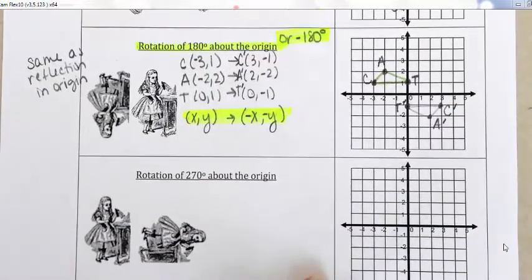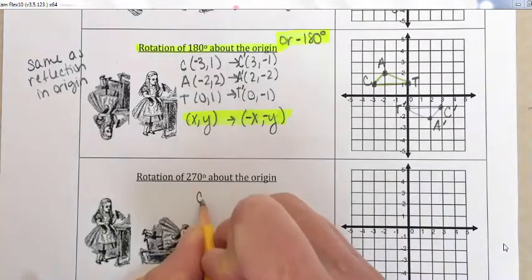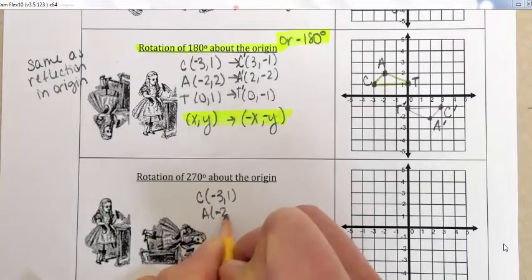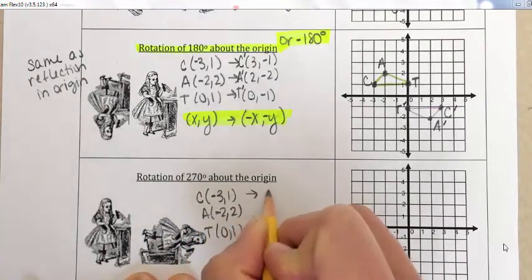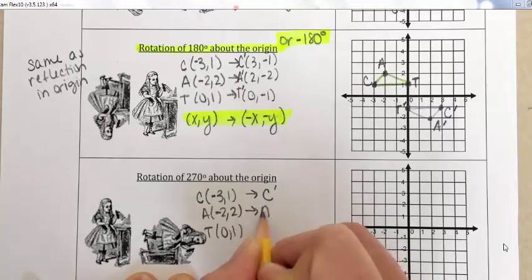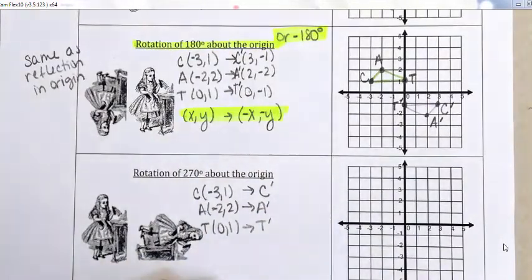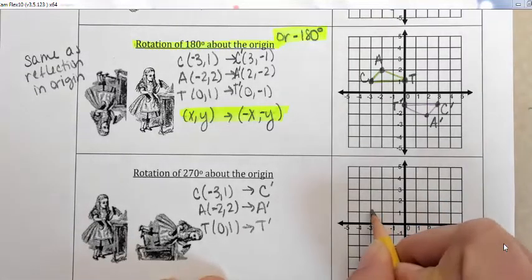All right, and then we got one more to do, a rotation of 270 degrees about the origin. So I'll do the exact same thing. Let's see, I'm going to write the coordinates. And this time I'll say C prime, A prime, T prime. That way I don't get excited and just write down the coordinates. All right, so negative 3, 1.